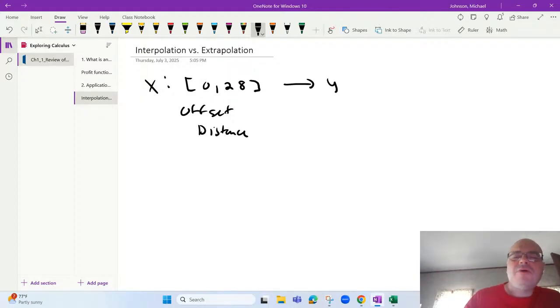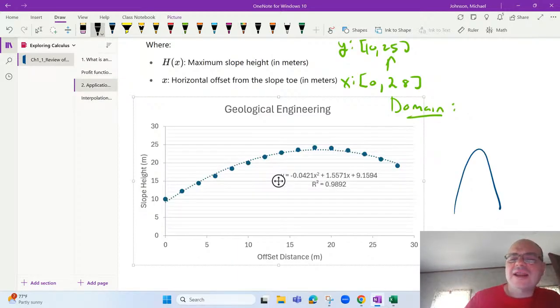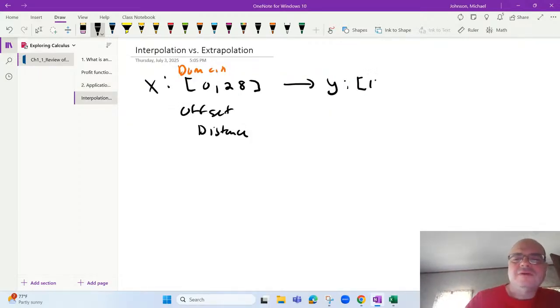And when we input those values, this is my domain. It mapped to output values, not starting at 0, but starting at about 10 to 28. So these are the domain and range of my functions.